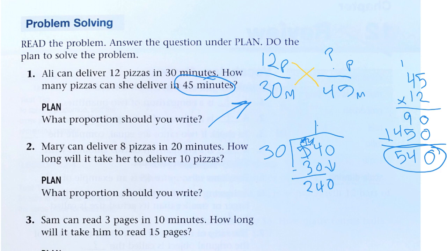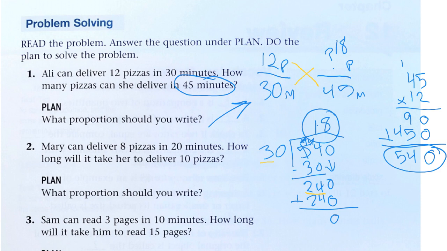There's a little trick since they both have zeros, just look at the numbers in front of the zeros. How many 3's to get to 24? It'd be 8. So 8 times 30, 8 times 0 is 0, 8 times 3 is 24. So even though the numbers looked bigger, sometimes there's a trick. Subtract. And now we have our amount of 18. So 18 pizzas in 45 minutes.